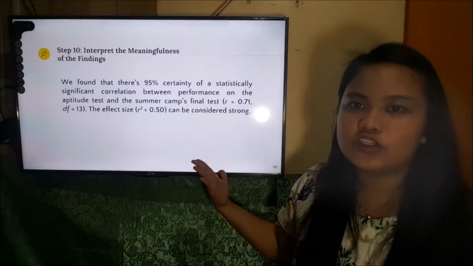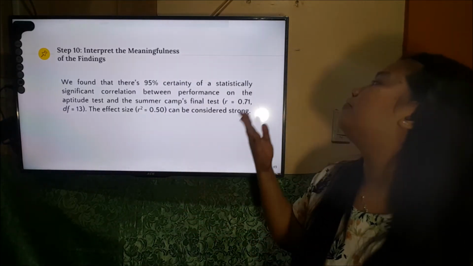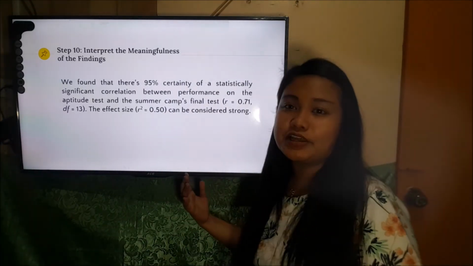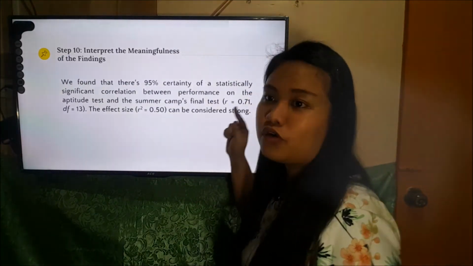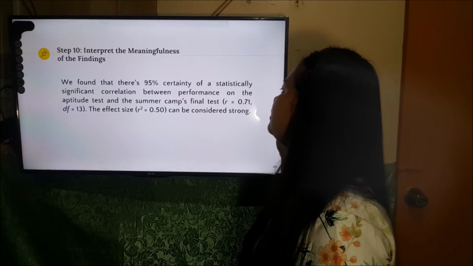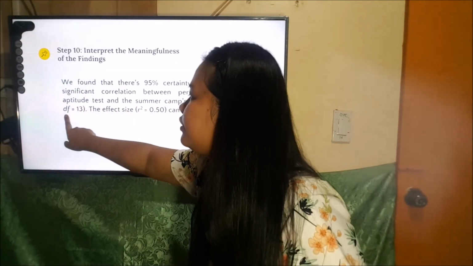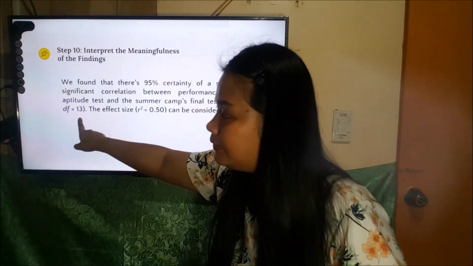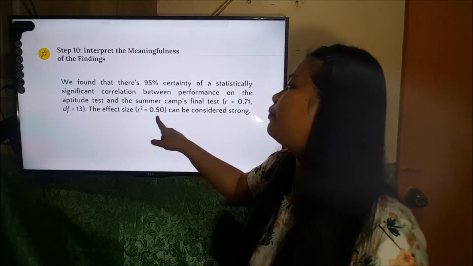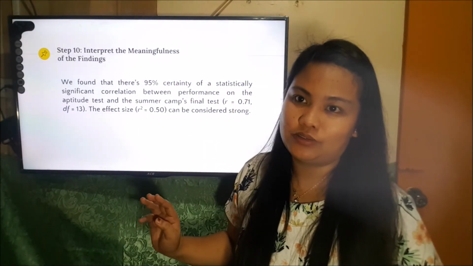Final interpretation. We found that there's 95% certainty of a statistically significant correlation between performance on the aptitude test and the final test with an R of 0.71, a degree of freedom of 13. The effect size, 0.50, can be considered strong.